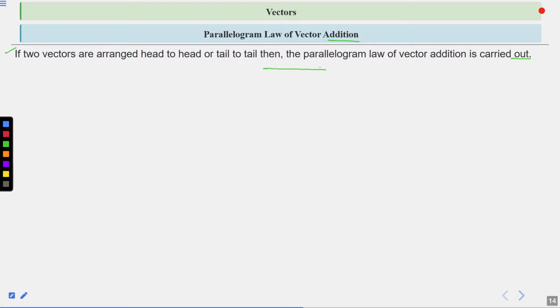suppose we have an arrow, this one. Listen carefully, the head is this one and the tail is this one. If we talk about head to head, it means, suppose we have a vector A and another vector B. So this is head to head, or we can say head to tail.